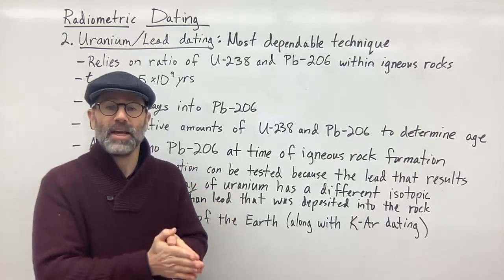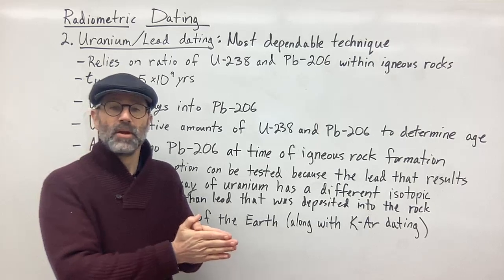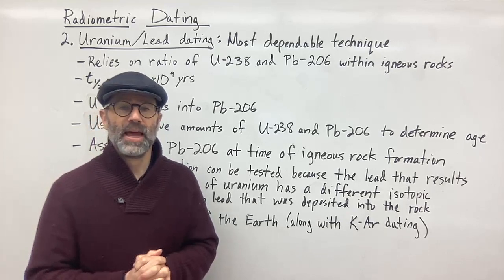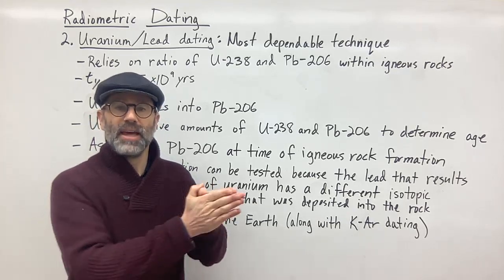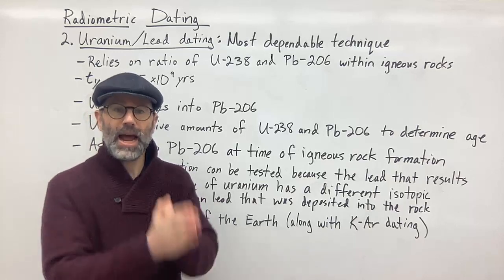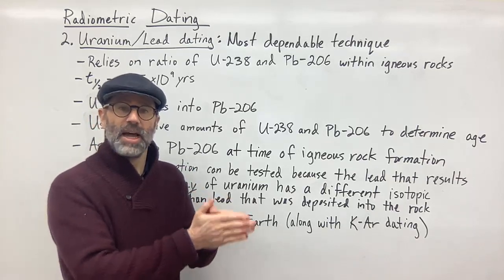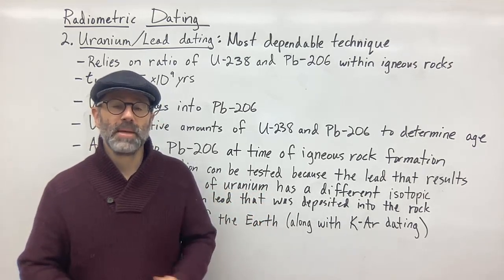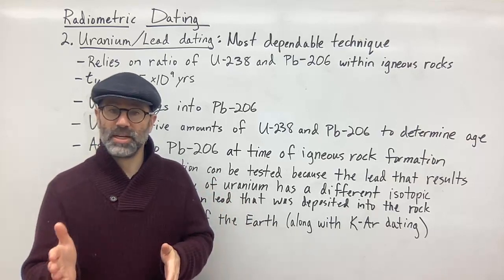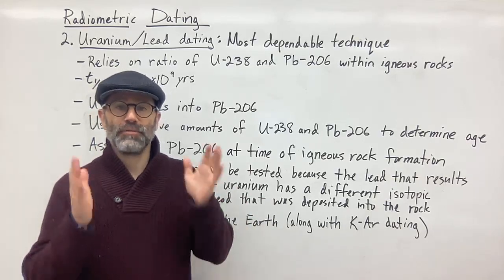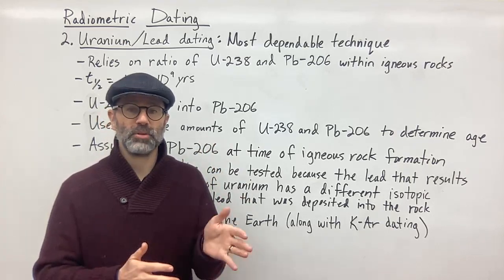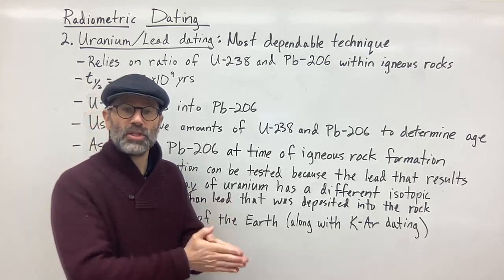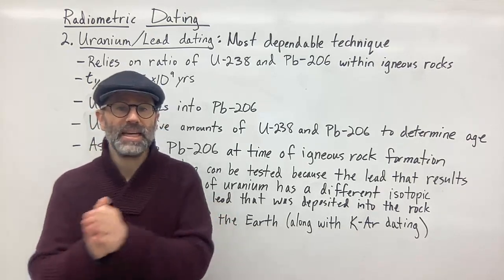Let's say I start with a gram of uranium-238. After one half-life, half of my uranium-238 will be left, and the other half was converted into lead-206, giving me equal amounts of lead-206 and uranium-238. So if I find a rock that has equal amounts of uranium-238 and lead-206, I can assume that the original amount of my uranium-238 decayed by half.